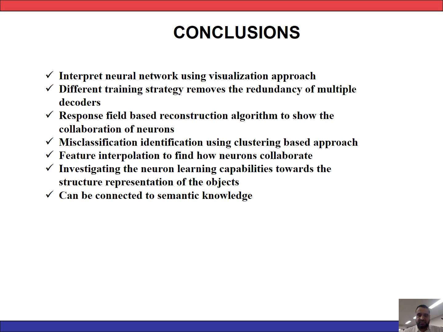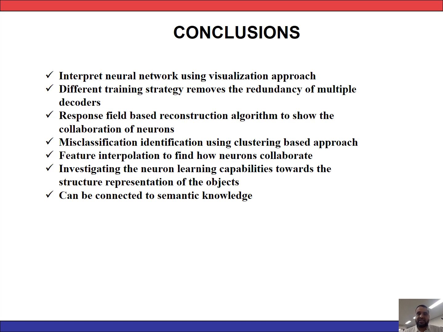This interpretation approach may be extended and connected to semantic knowledge, because we can see that our approach is able to reconstruct the parts of the objects, whereas semantic knowledge is combining the different parts and then giving the result about the whole object.